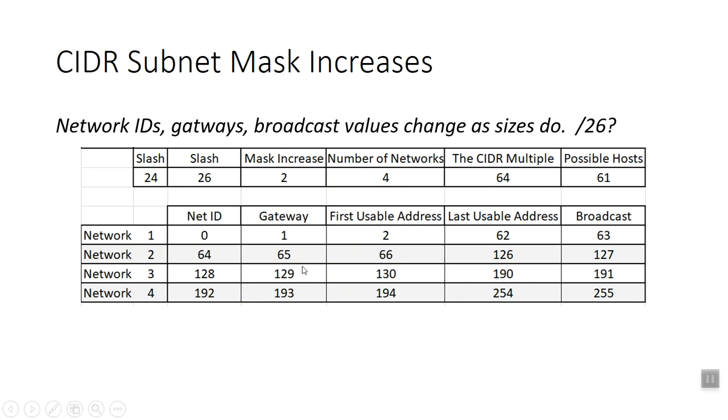The gateway numbers for each of those change accordingly, and the broadcast numbers change. First usable and last usable IP addresses in the last octet, right? The last octet value would start with a .2, so the first network client on network 1 would have a .2. In network 2, the first network client would have a .66, and so on.